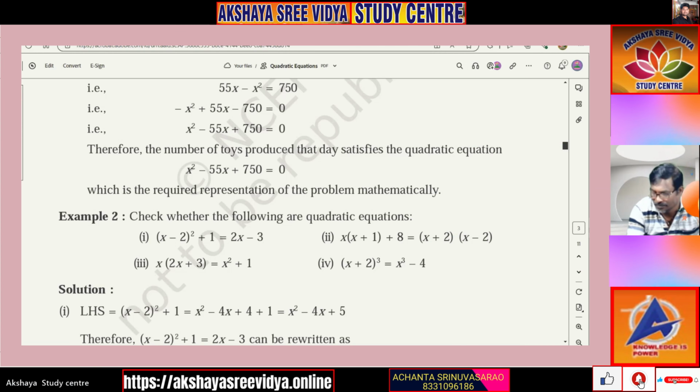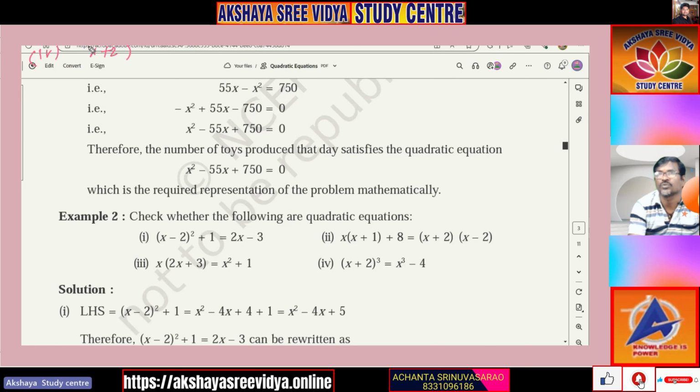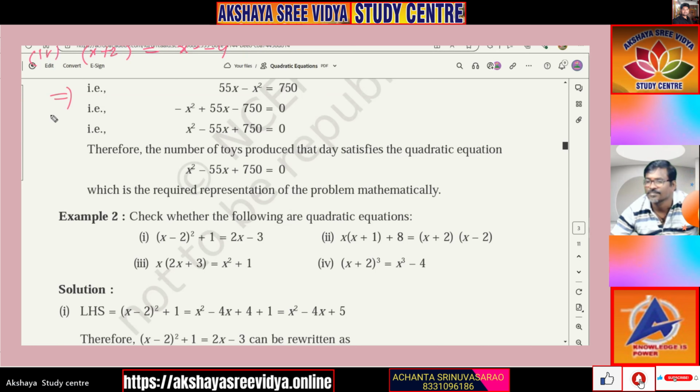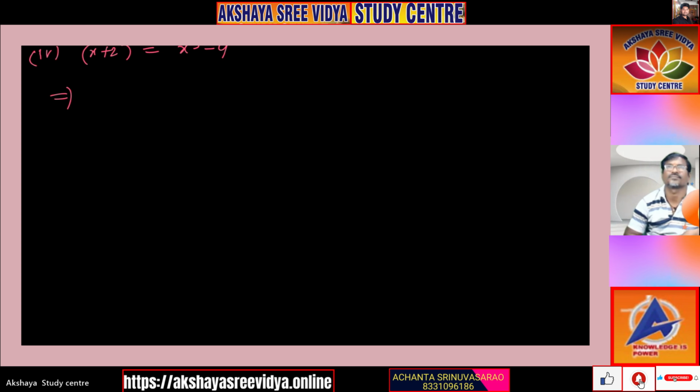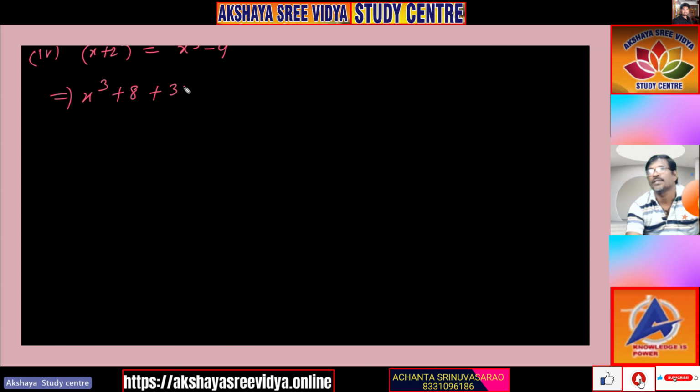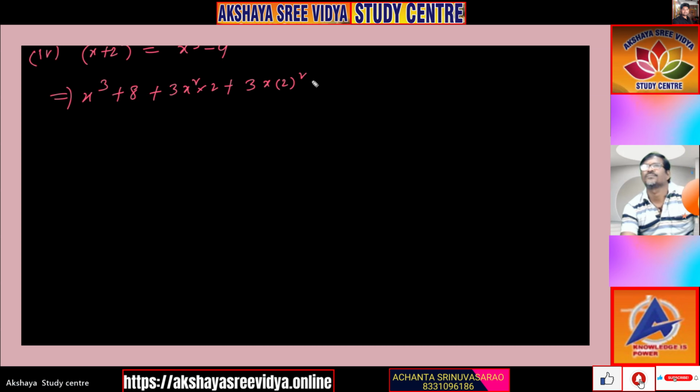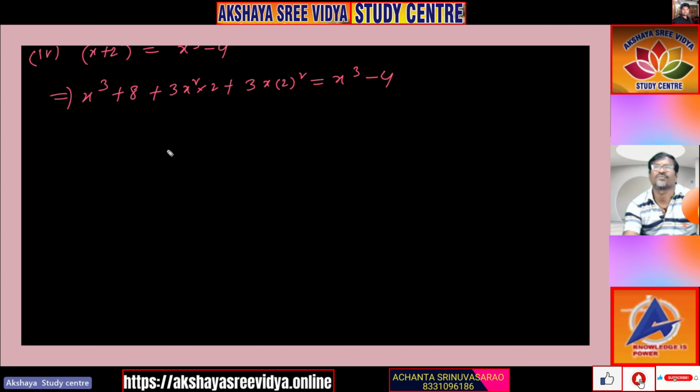Fourth one. x plus 2 whole cube is equal to x cube minus 4. Using a plus b whole cube is equal to a cube plus b cube plus 3 a square b plus 3 a b square, this is equal to x cube minus 4.